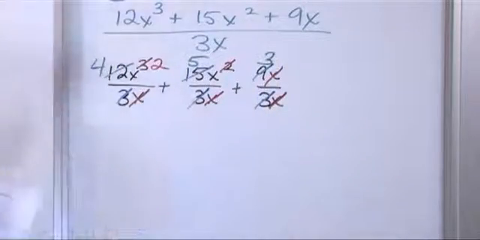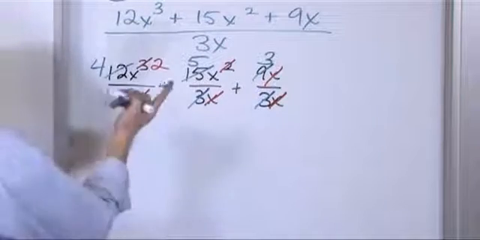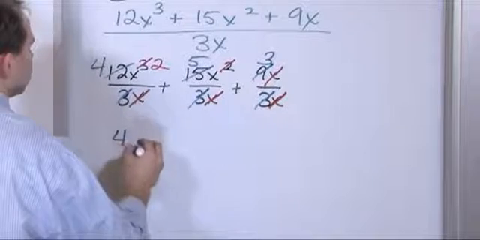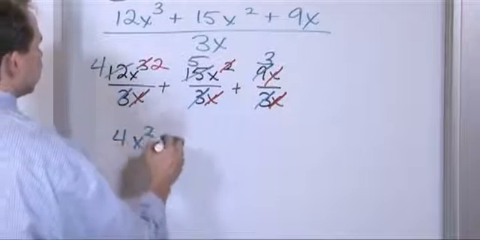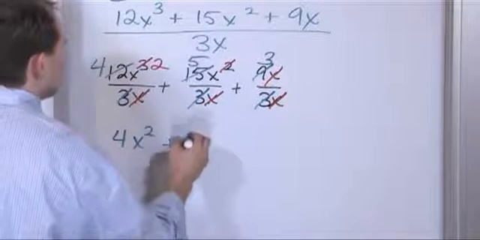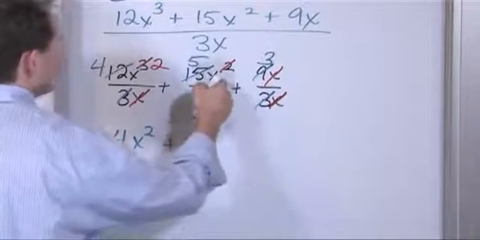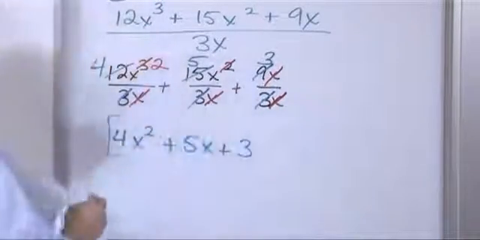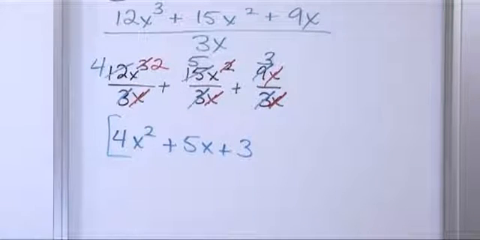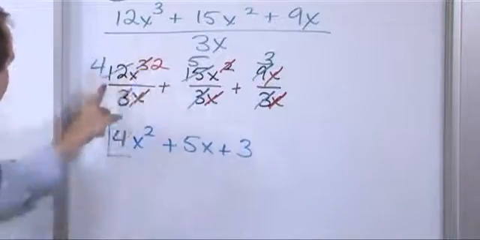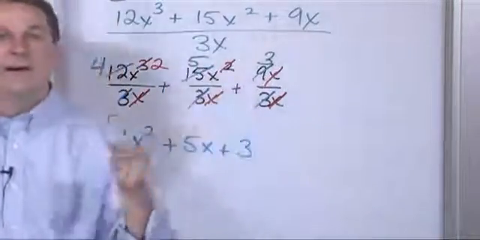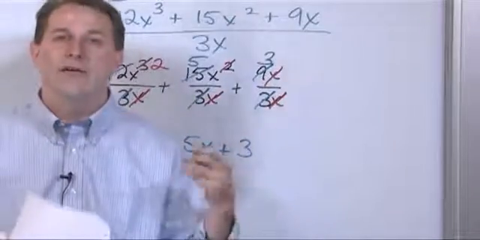On your paper, it's going to look a little bit ugly writing all this stuff down, but ultimately, at the end of the day, you're going to have 4x squared plus 5x plus 3. Everything else has been canceled out. And that's what we say when we talk about simplifying expressions. Break it up. You have to look step by step and be very careful, because if you miscalculate and make a simple careless error, you're going to get the problem wrong.